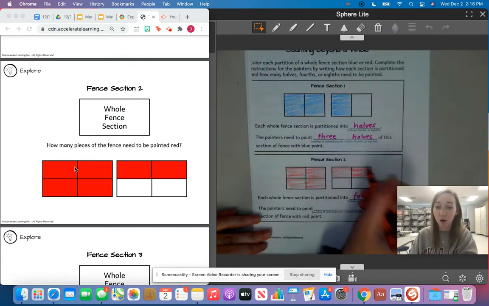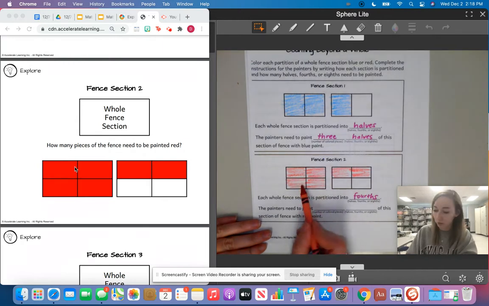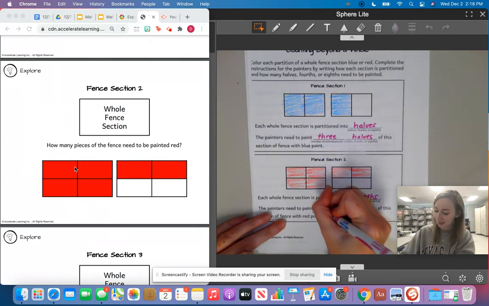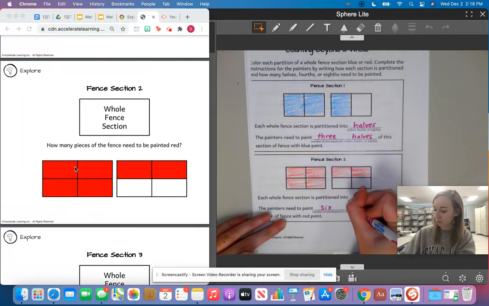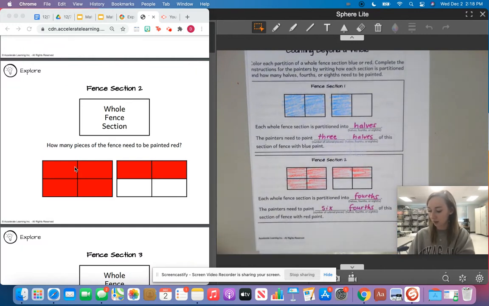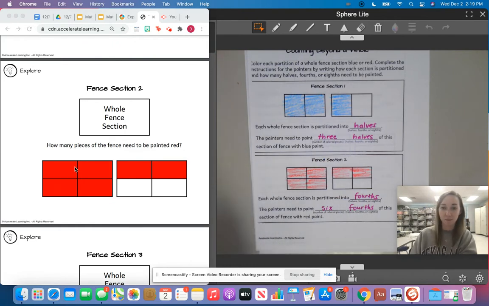So when we count all of those fourths, we see that we have 1, 2, 3, 4, 5, 6 fourths. So there are 6 fourths of this section that have red paint on them, and then 2 that were left without any paint on them.